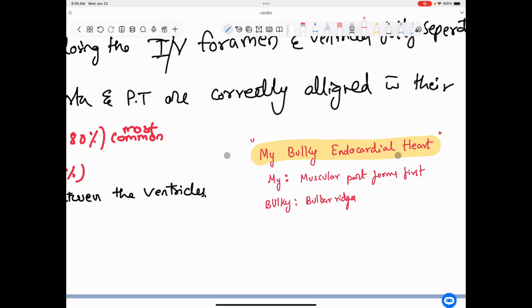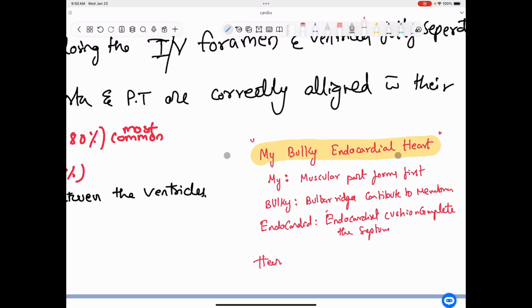Bulbar ridges contribute to the membranous part, and endocardial cushion completes the septum.